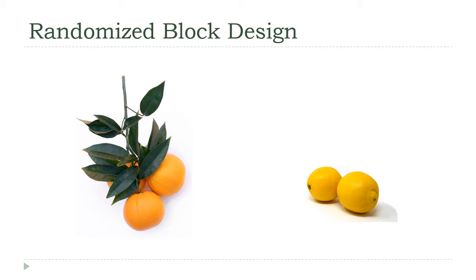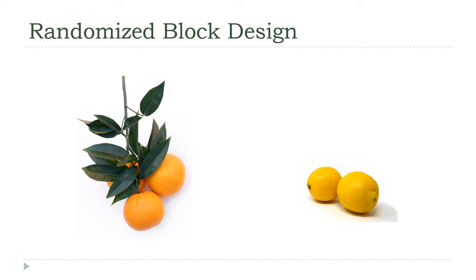Now, going down to slightly finer level of detail, we have something called a randomized block design. In this situation, you know that there are certain important characteristics in your population. For example, if you're studying fruit trees, you don't want to risk having a population that only has orange trees in it, because you risk finding yourself in a situation where you accidentally get a result that only applies to oranges.